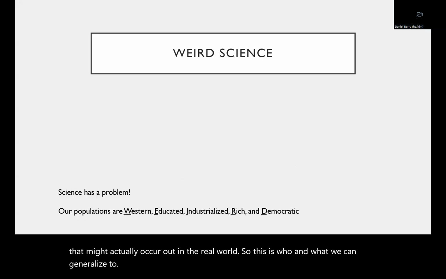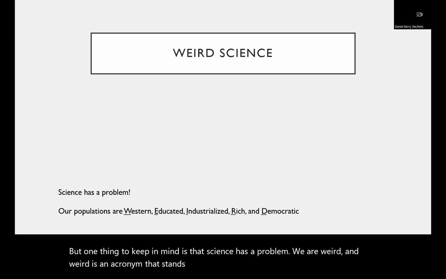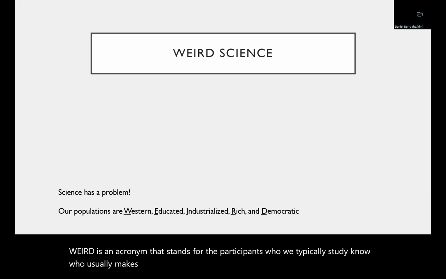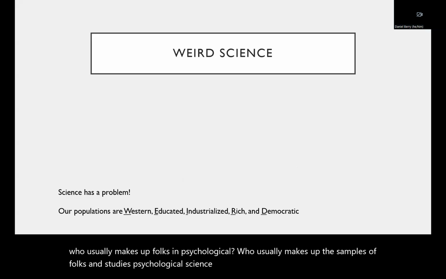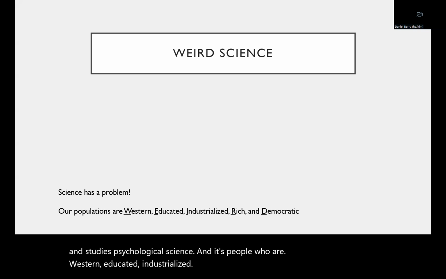But one thing to keep in mind is that science has a problem. We are weird, and WEIRD is an acronym that stands for the participants who we typically study. Who usually makes up the samples of folks in studies in psychological science, and it's people who are Western, educated, industrialized, rich and democratic.